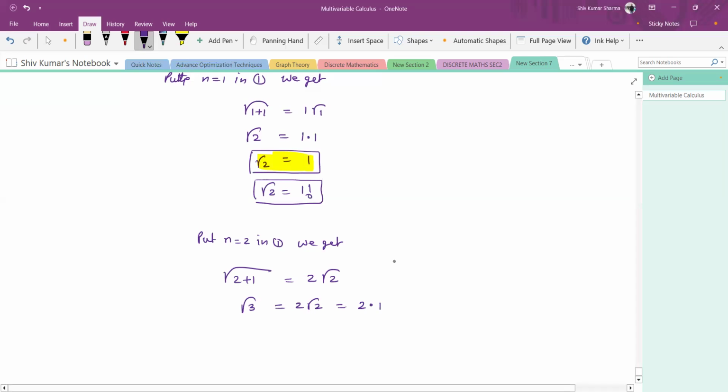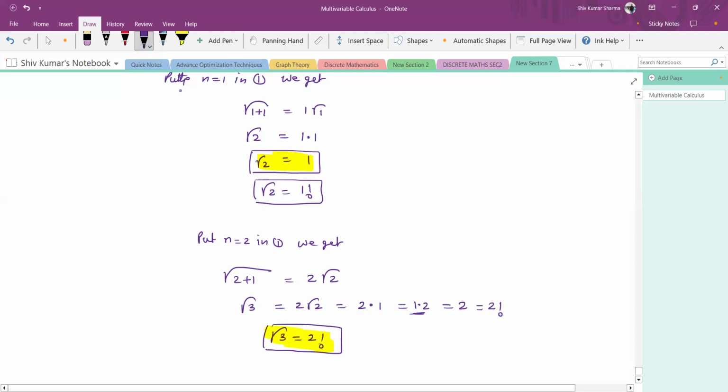So 1 into 2, this is equal to 2, or also we can write this as factorial 2. So you can see that gamma 3 is equal to factorial 2. So we remember these.